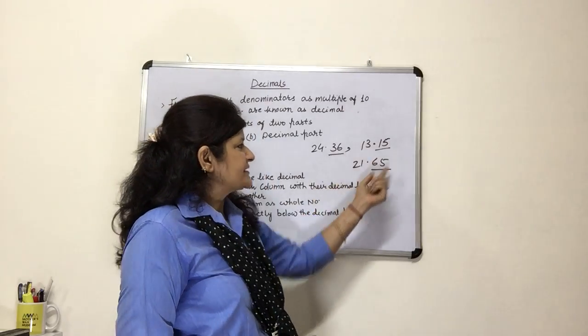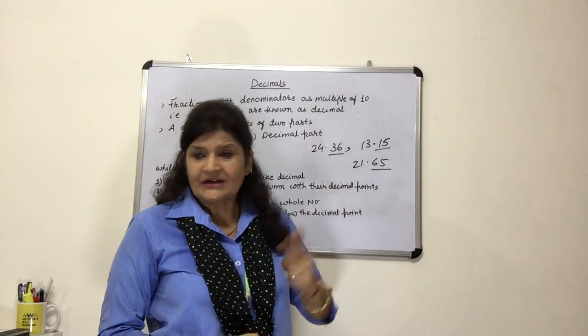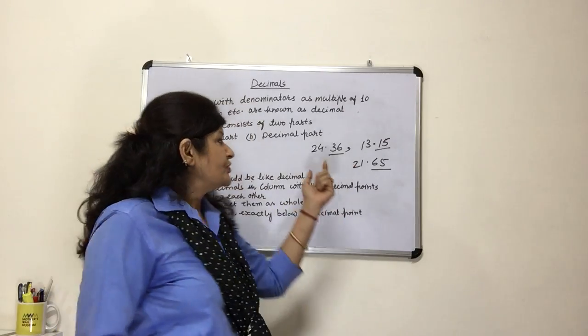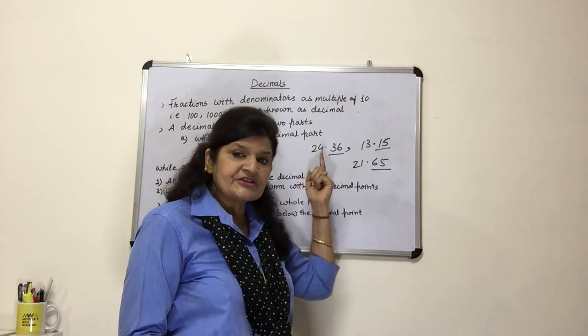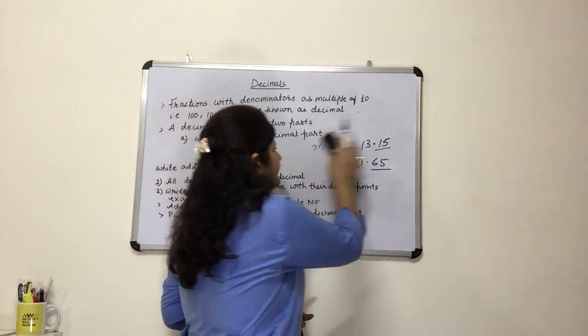This type of decimals are called like decimals. Whenever we are doing addition or subtraction, the decimals should be like decimals. If not, we convert them into like decimals by putting 0.